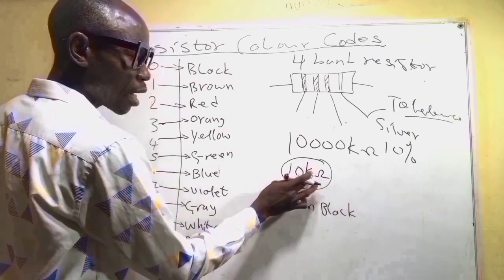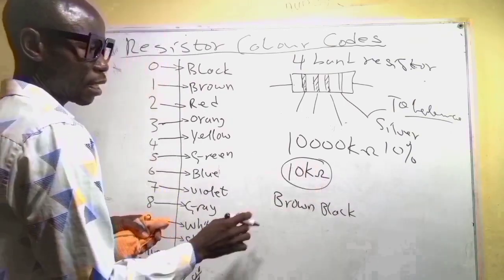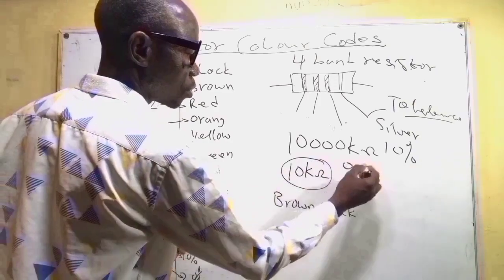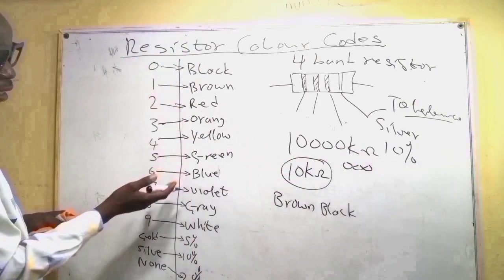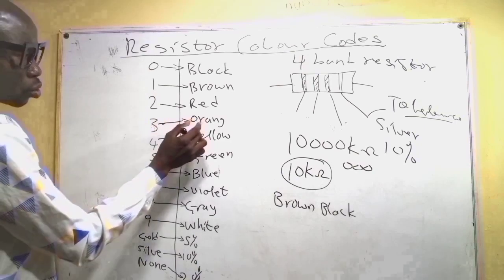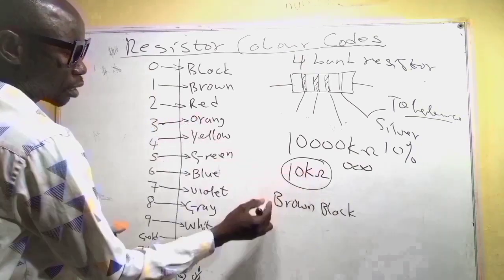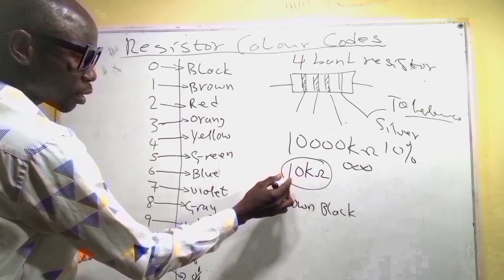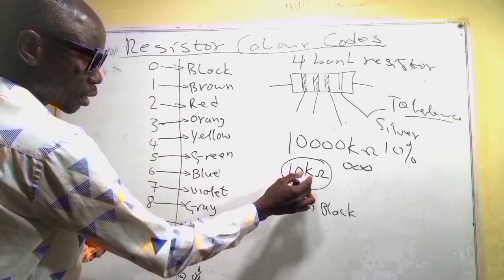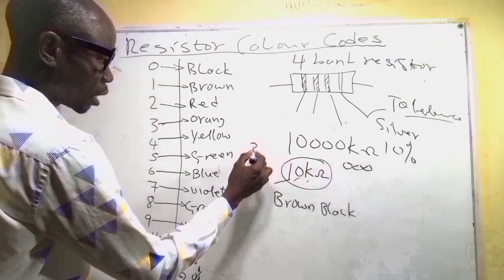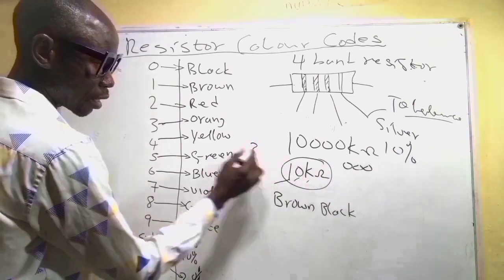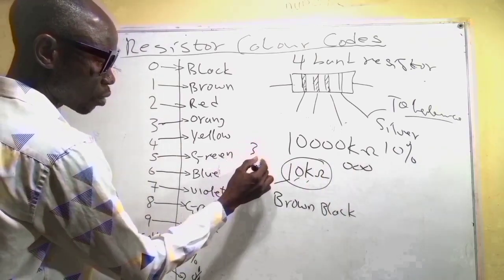Which number will give us K? And K is 3 zeros. So which number here will give us 3? You look at the chart, orange is 3. So the orange is the third band, because this is the first band, second band, this is the third band, and the third band we convert to zeros. So it is 3, we don't write 3 as a third band, you write 000.